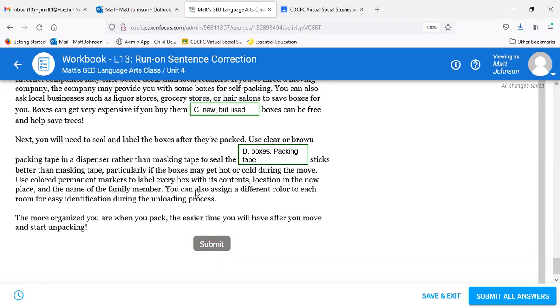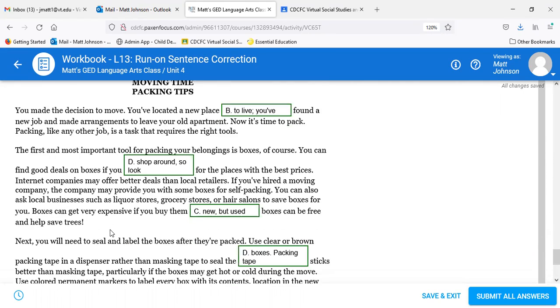Okay, so did we get all the answers for the workbook? That one got a little tricky in some spots, right? Because context was involved. How do I compare the first part of the sentence, that first complete idea, to the second complete idea?